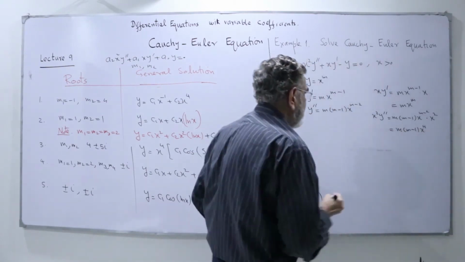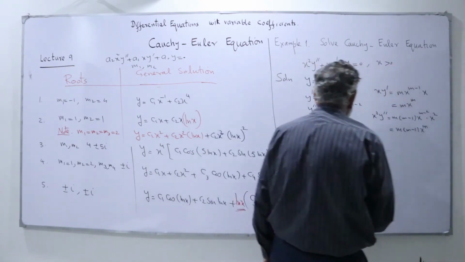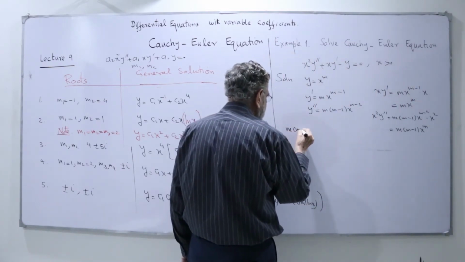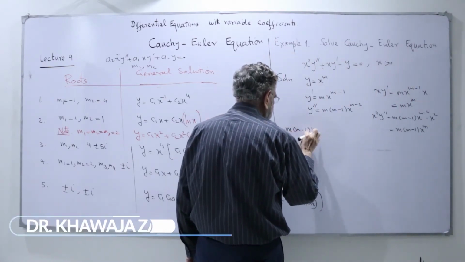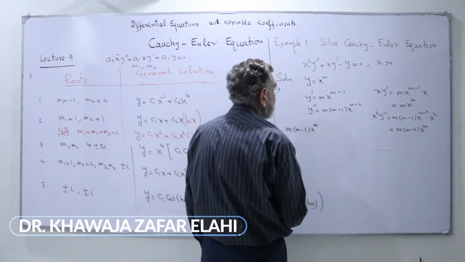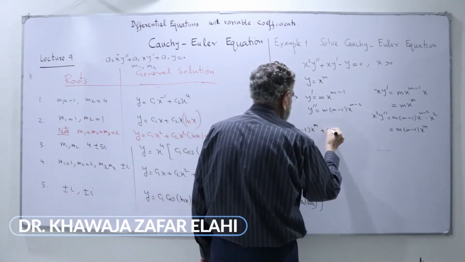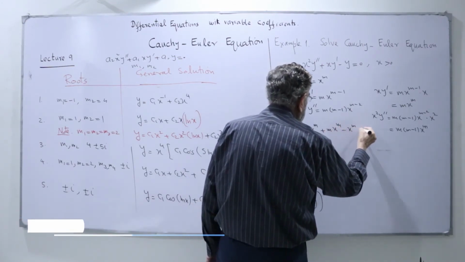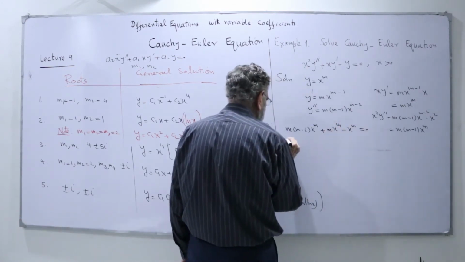We substitute in our differential equation. We get x square y double dash is m into m minus 1 x to the power m. Then xy dash is plus m x to the power m, and y is x to the power m, equal to 0. We take x to the power m common.